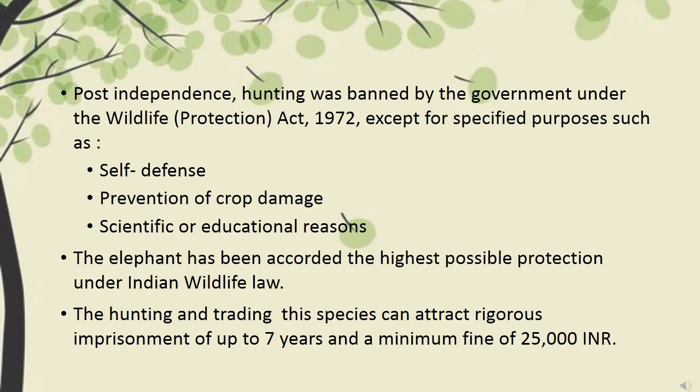Otherwise it was banned in 1972. The elephant has been accorded the highest possible protection under Indian wildlife law. The hunting and trading of this species can attract rigorous imprisonment of up to 7 years and a minimum fine of 25,000 rupees. So these are all the steps taken by the government to stop poaching of wildlife in the world.